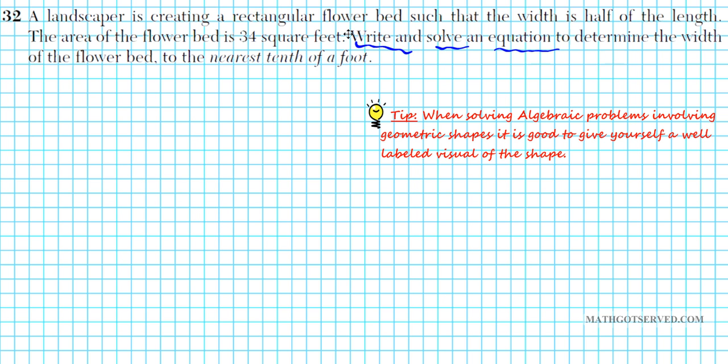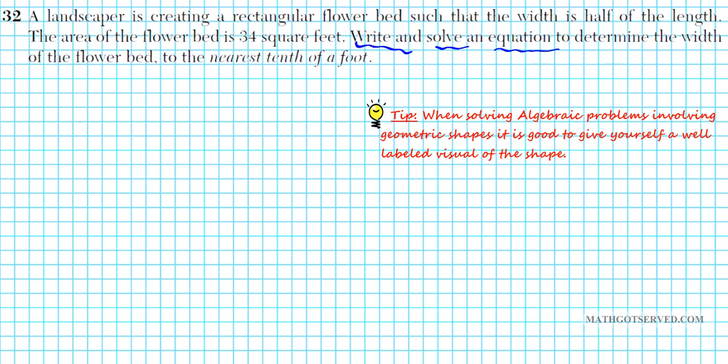Some of you are really smart. You can set up this equation mentally and solve it with your calculator. You will not earn full credit for that for this problem. This problem, you actually have to show all your work. You have to set up the equation and then solve it. Okay, you can't just skip steps and do stuff in your calculator and expect to get full credit.